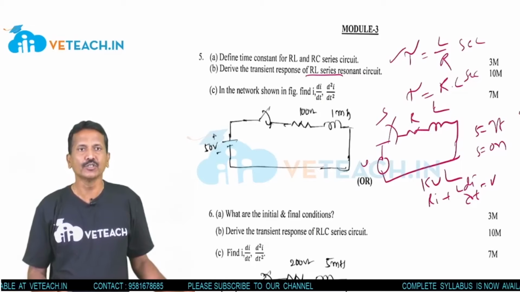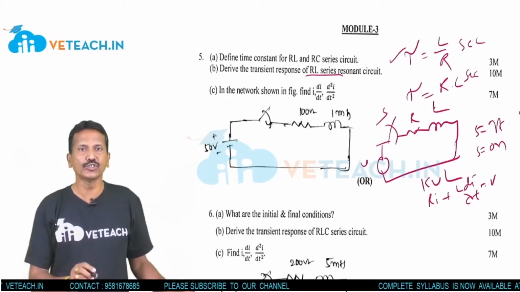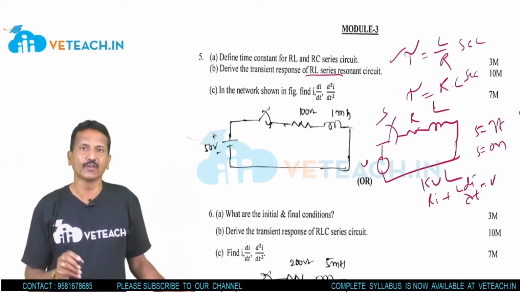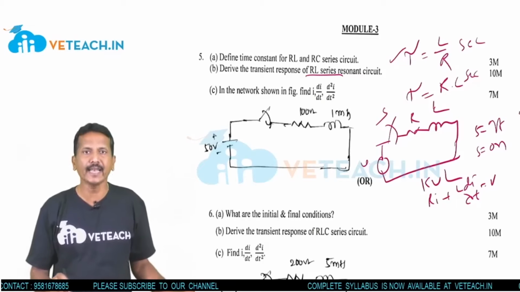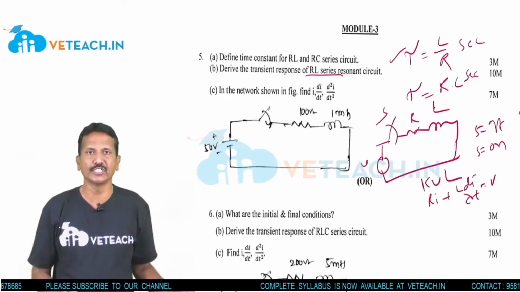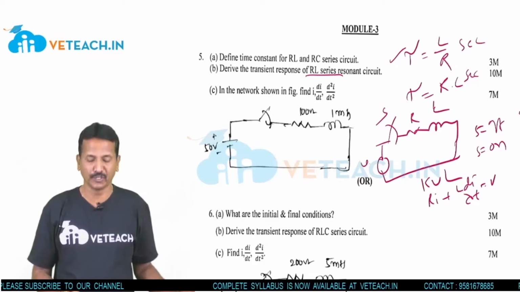Students, first of all, S equal to 0 means the switch is on. If the switch is closed, how is the current flowing across R and L, what is the differential equation, and how do we find the time constant? This is the concept of transient response.